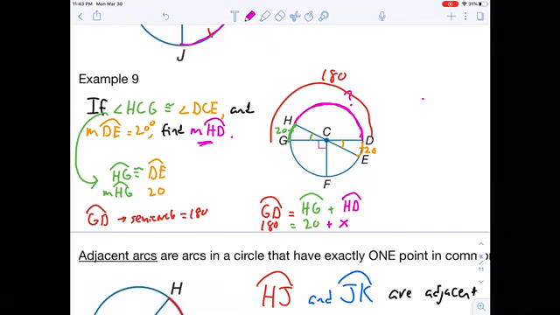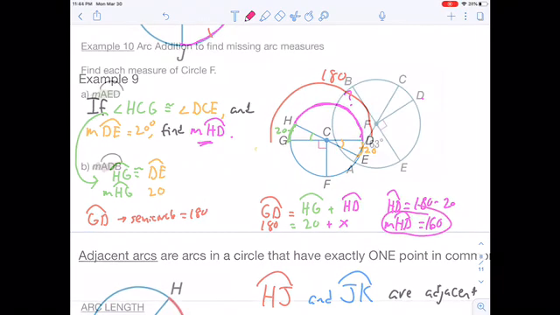All right, we do some real simple algebra. HD is equal to 180 minus 20, or the measure of arc HD is equal to 160.